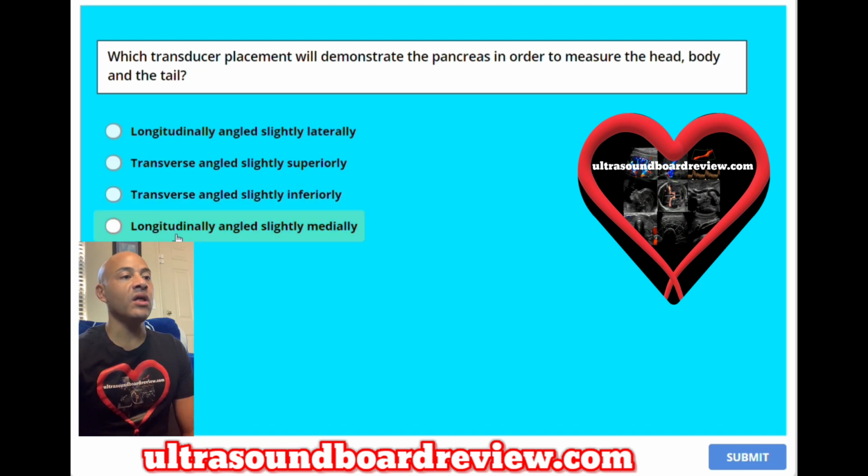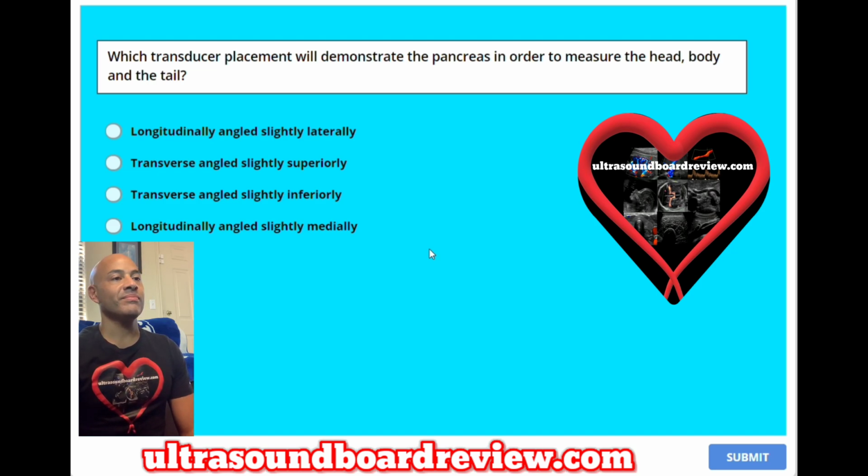Or D, longitudinally angled slightly medially. The answer is C, transverse angled slightly inferiorly.